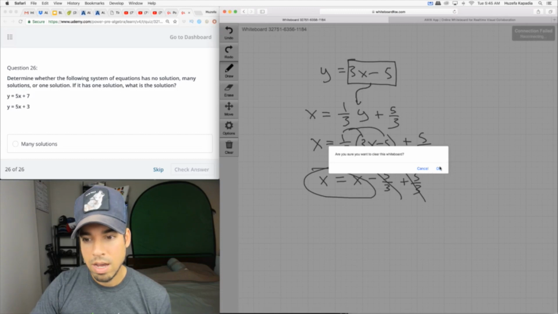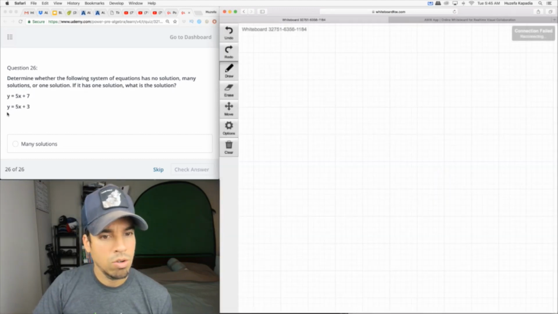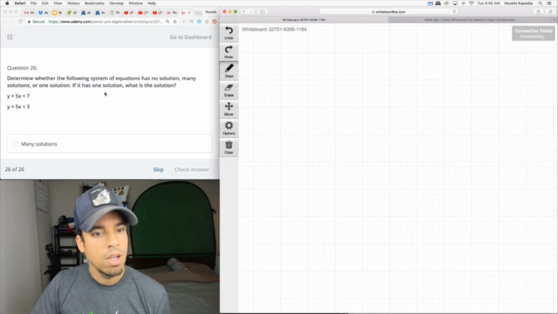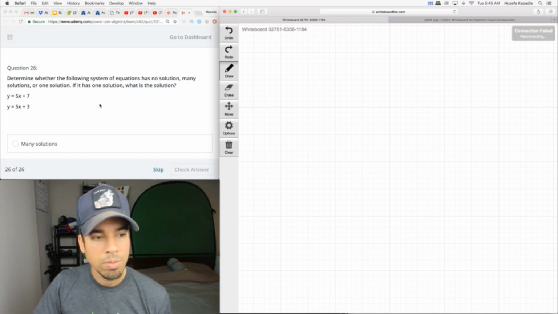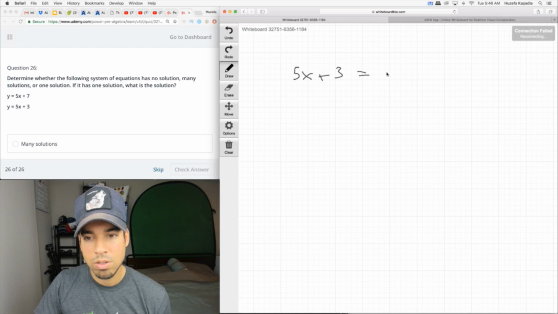All right. Now we need to lastly determine whether this has no solution, many solutions, or one solution. If it has one solution, what is the solution? So I'm going to do a little substitution again. I'm going to set them equal to each other because this is y and this is y. 5x plus 3 equals 5x plus 7. Subtract 5x from both sides.